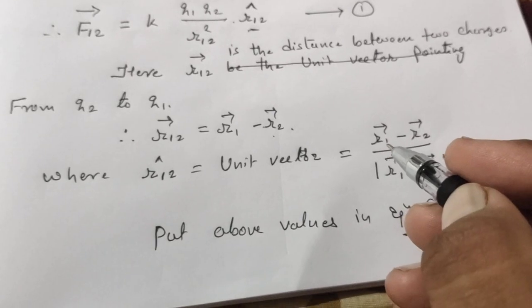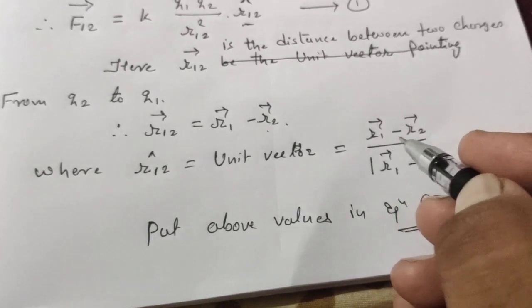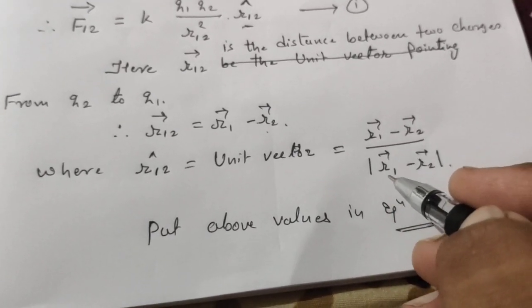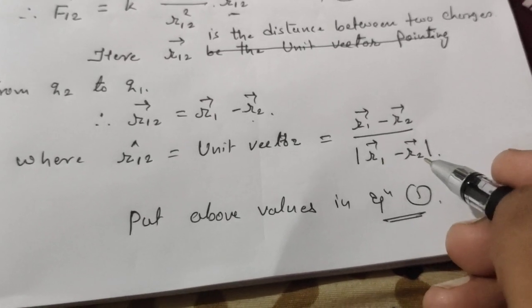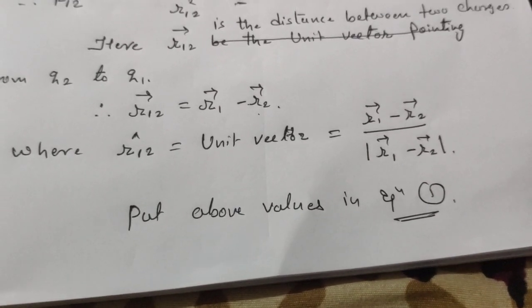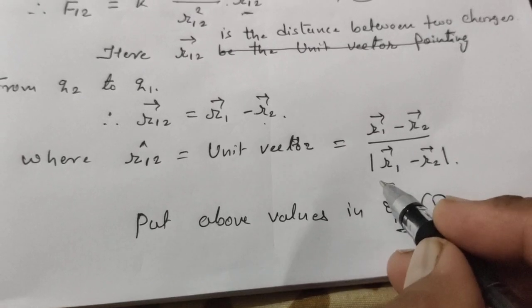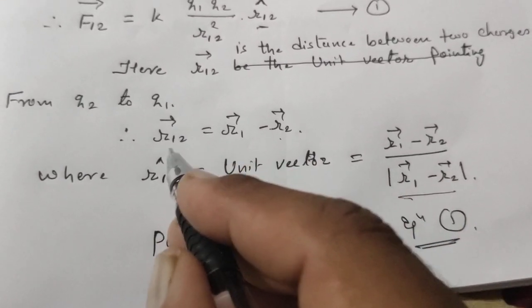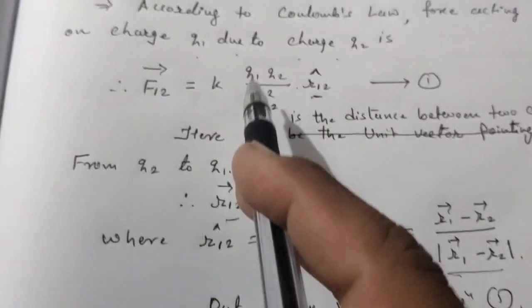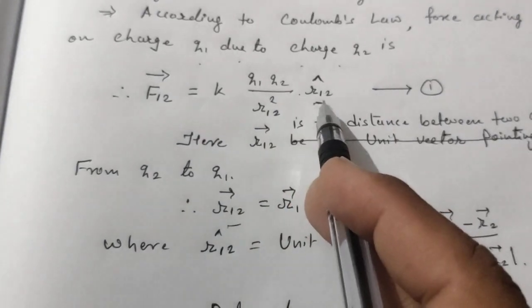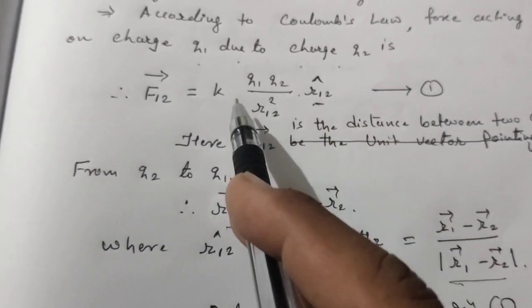So over here we have the distance, vector r1 minus vector r2, divided by its magnitude, the magnitude of vector r1 minus vector r2. These two values we have to put in this equation over here, this one and this one.